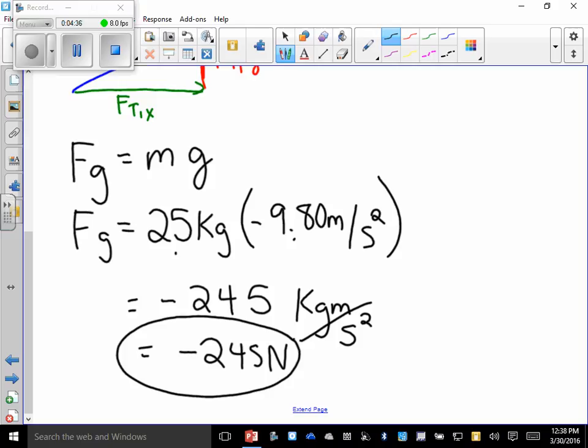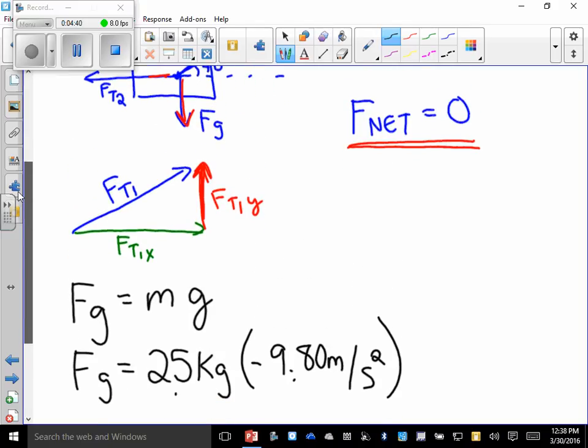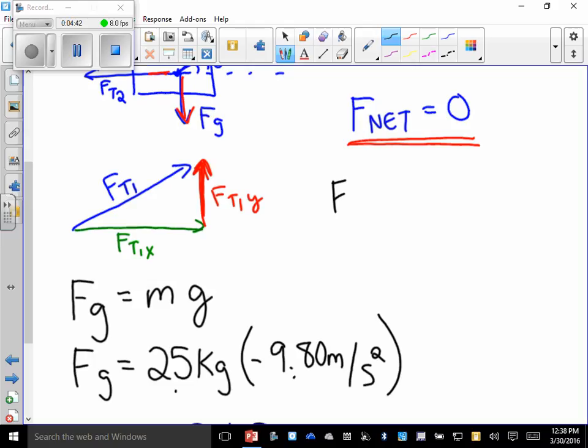Okay, now because F net equals 0, that's what I keep saying over here, F net in the y direction we know is going to be the force of gravity plus the force of tension from wire 1 in the y direction.